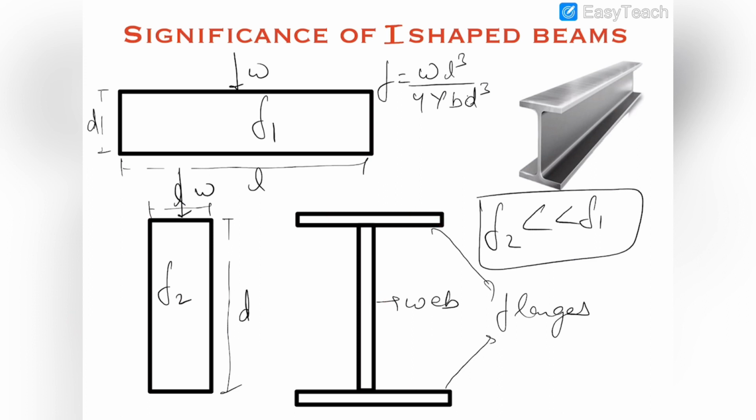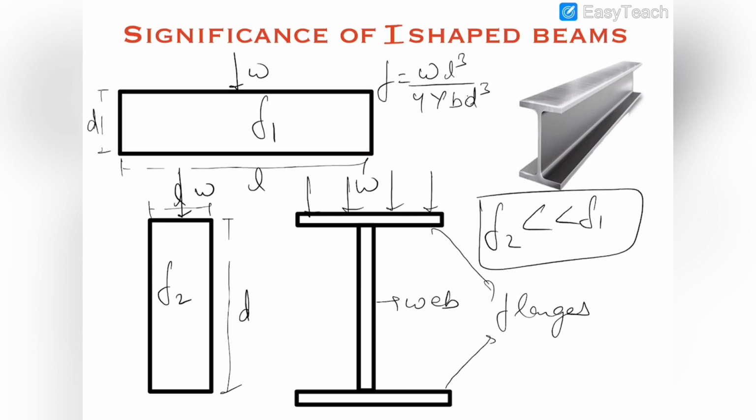The use of these flanges is that when some load is applied on this section, due to the greater area of this section, the stress developed by the same load is very less. That stress is transferred to the web, and this stress is very small due to the greater area of cross section, and therefore the web is experiencing less stress, and therefore it can bear more load.